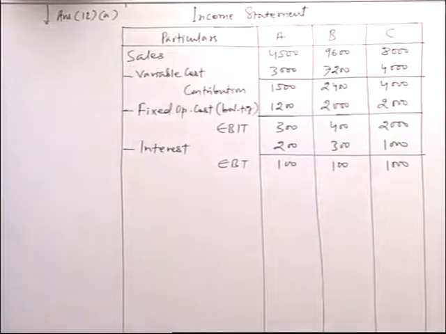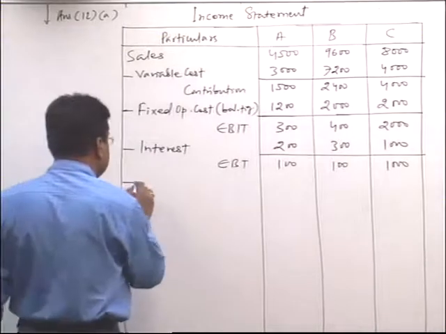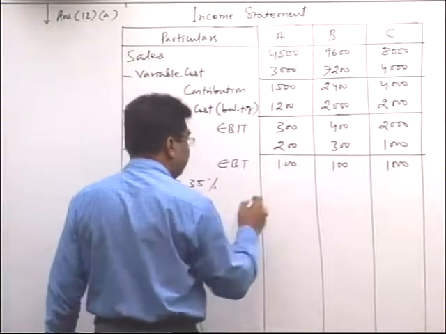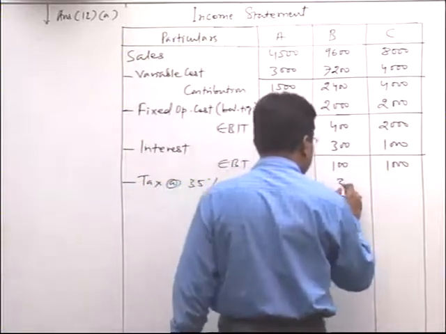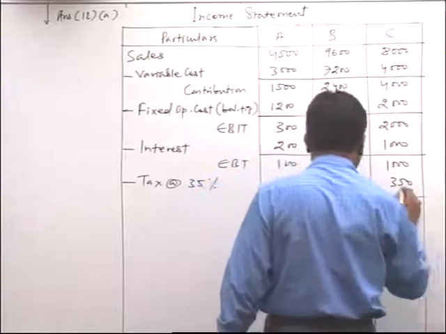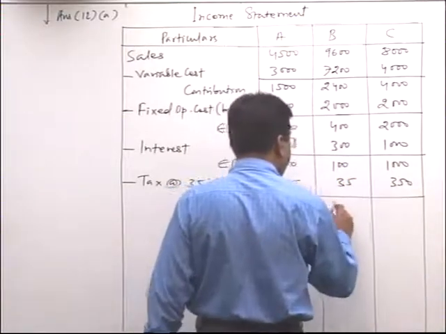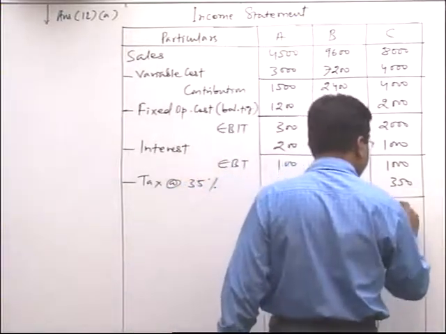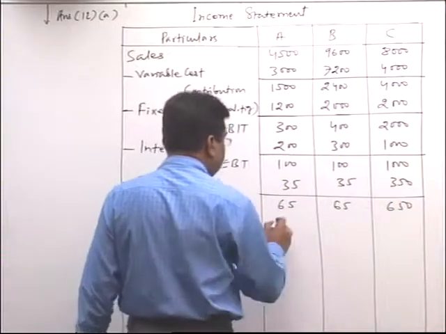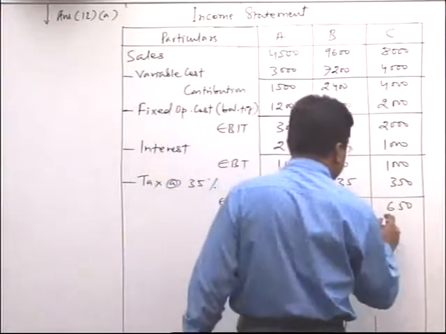In the question, the income tax rate is 35%. So minus tax at the rate of 35%, it is 35, 35 and 350. So the earning after tax comes to 65, 65 and 650.